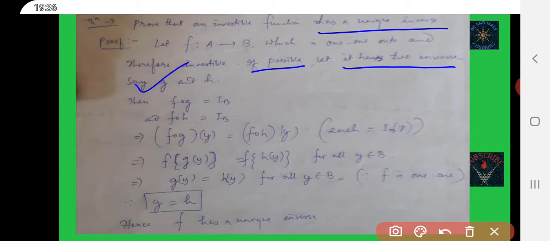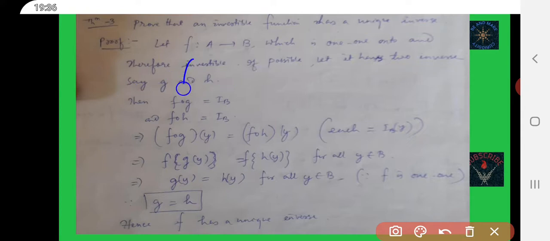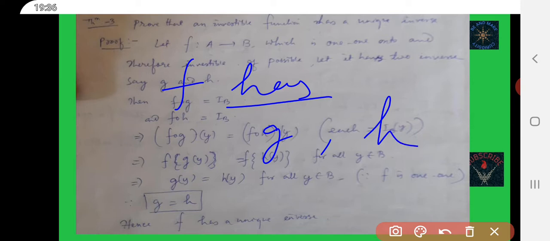Let one be the g function and another the h function. Two inverse functions, that is one is g and another is h.